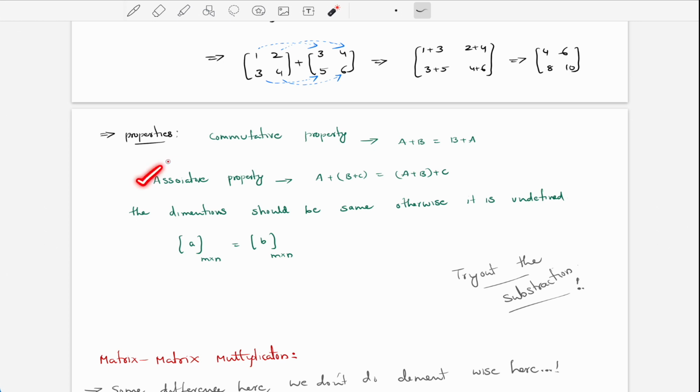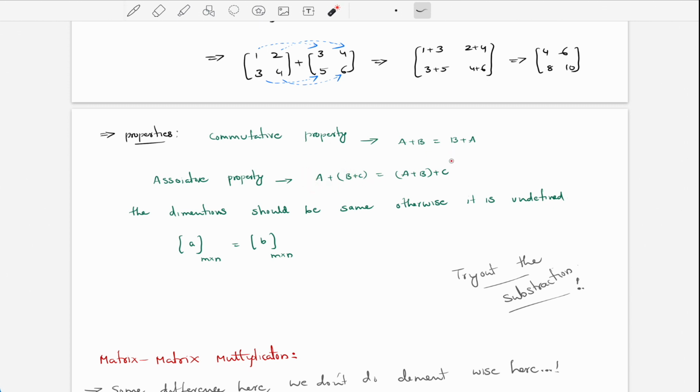And then we have an associative property. So what do we mean by associative property? It's just having a bracket out there. For example, A plus B plus C, and the bracket comes here. It doesn't matter, we are not multiplying over here, we just have a kind of set.